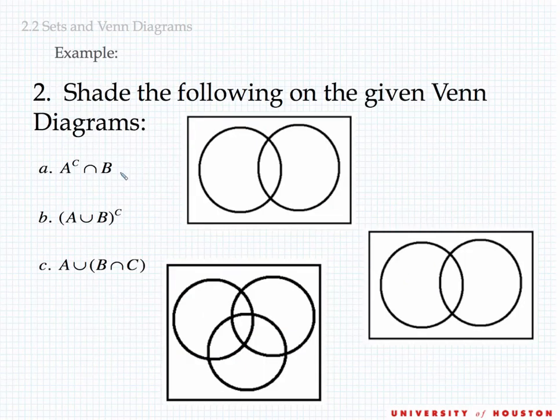Let's shade some Venn diagrams. For A, I want to shade A complement intersect B. First, I'm going to shade A complement in yellow. Here's my A and here's my B. So everything that is not A, I'm going to shade in yellow.